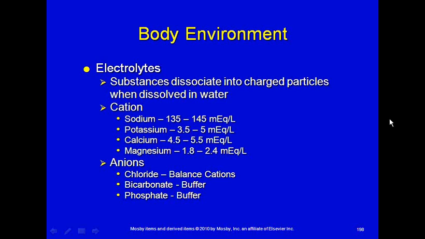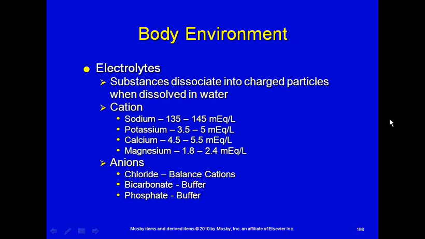Sodium is really important in the regulation of water in the body. It helps the body conserve water by conserving sodium, and the body can get rid of water by getting rid of sodium, because water follows sodium.